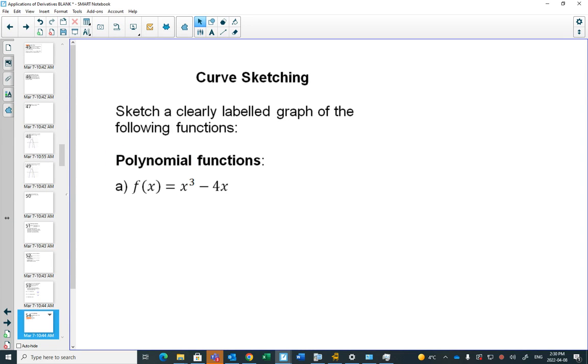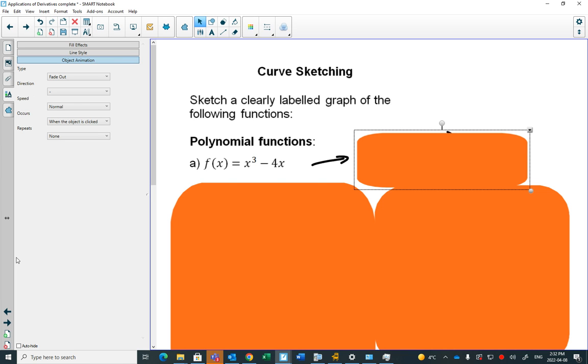We had sort of these types of functions, polynomial functions. Were you able to find your x-intercepts?